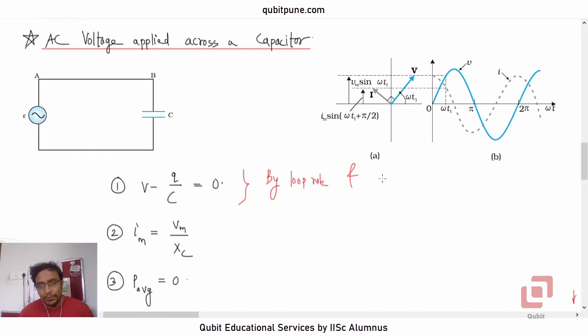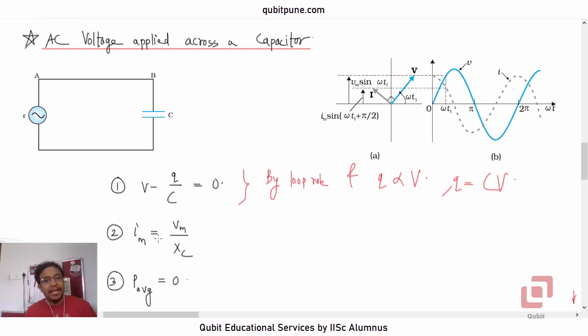C is equal to Q by V, or Q is directly proportional to V. The net charge on any one plate of the capacitor is directly proportional to the potential difference between the plates. Okay, and the constant of proportionality being C. So V will now become Q by C, and that Q by C with the negative sign will come here.